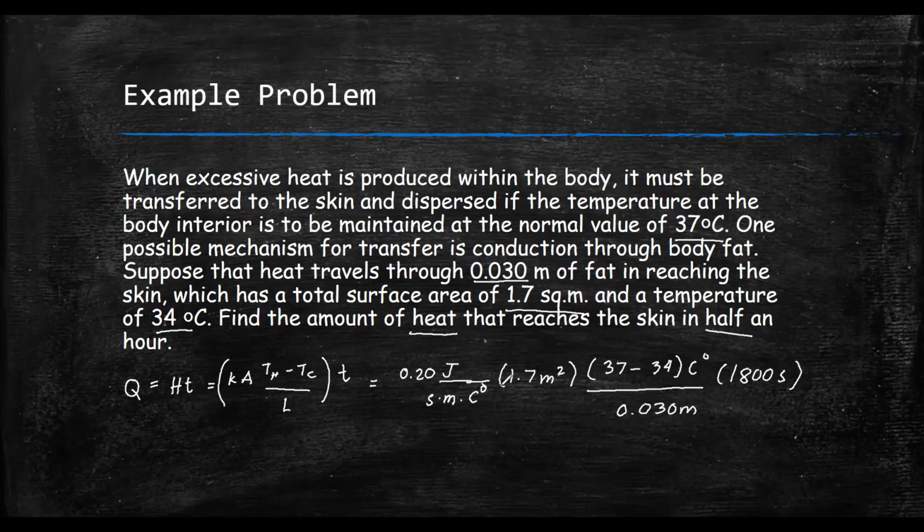Now, let's cancel the units. We cancel the second, the Celsius degree, and the unit per length. The unit that will be retained is joules. We know that heat is energy and the unit for energy is joules.